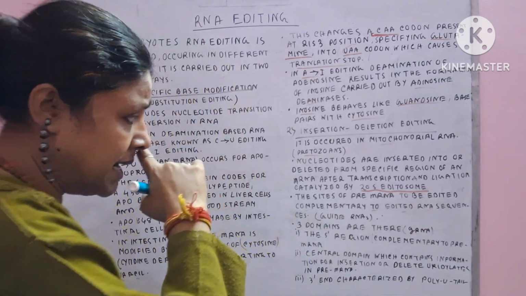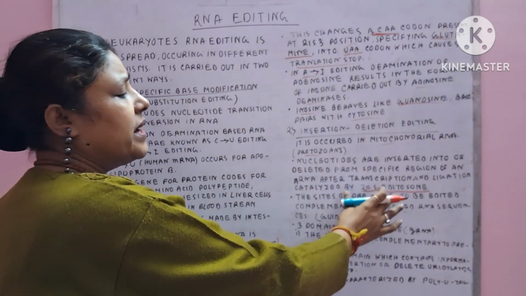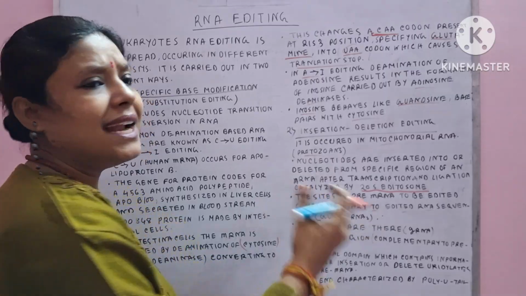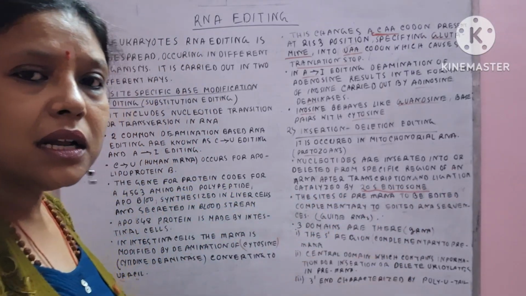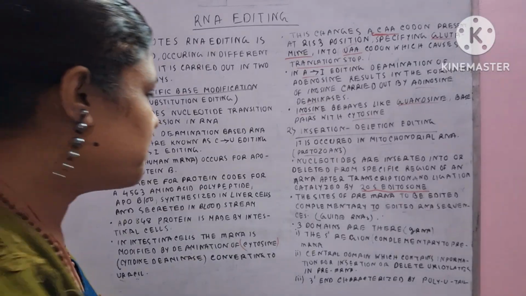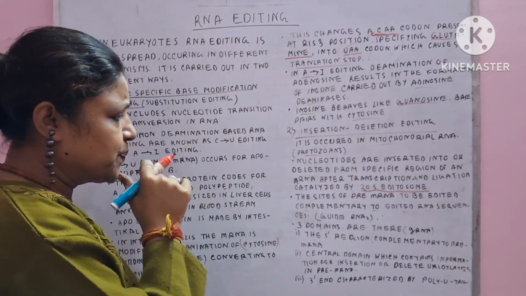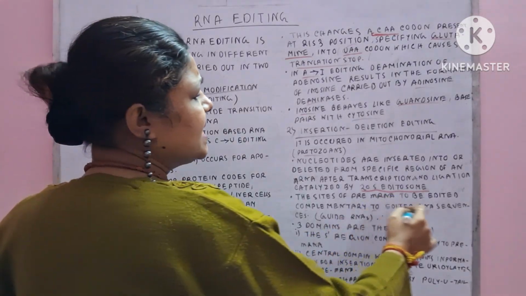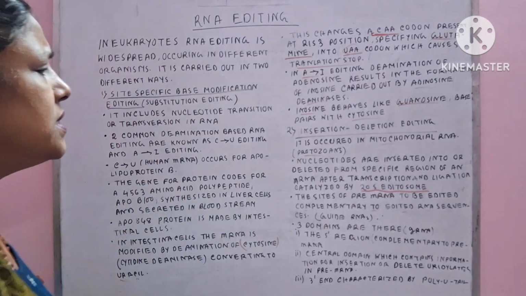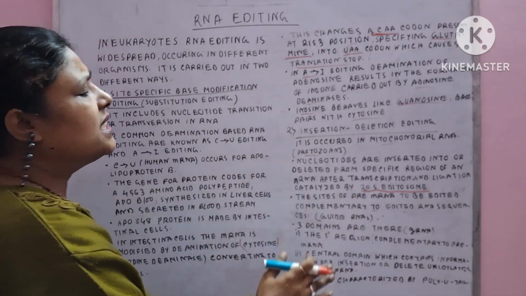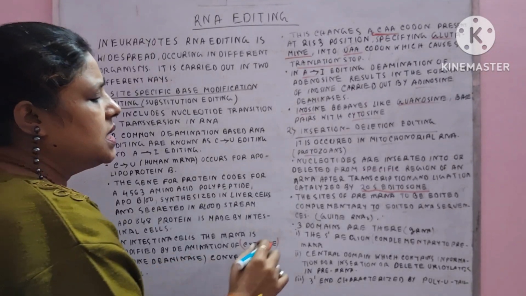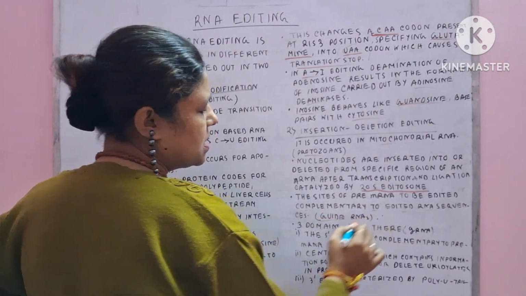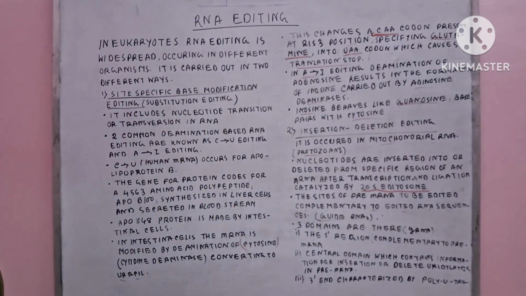So what I am saying is that this is the pre-mRNA, and after editing, the edited RNA and the pre-mRNA are complementary to each other. Okay, and this edited RNA sequence, which is complementary to the pre-mRNA, is also called the guide RNA, or gRNA.